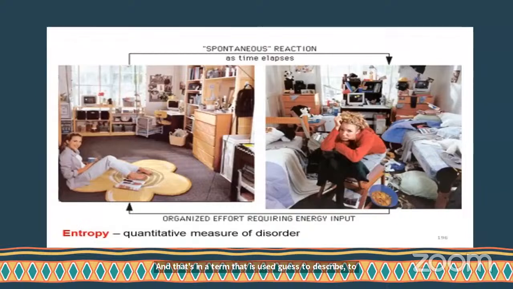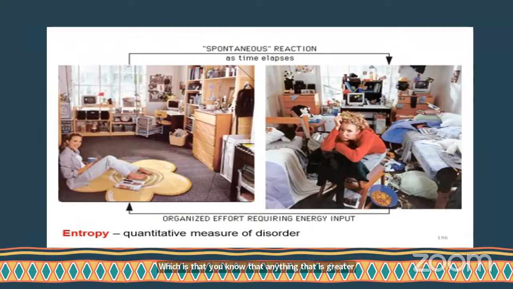Now, the second law of thermodynamics, we'll just summarize it, says that for a natural process, the change in entropy is greater than zero. So for every natural process, the change in disorderliness is greater than zero, which means that anything that is greater than zero is on the increase.